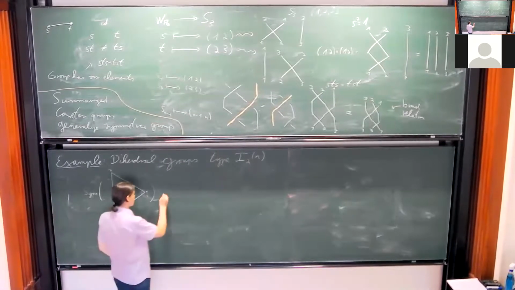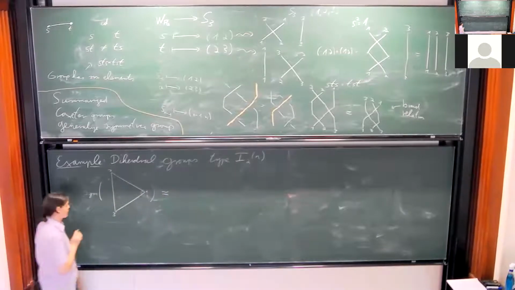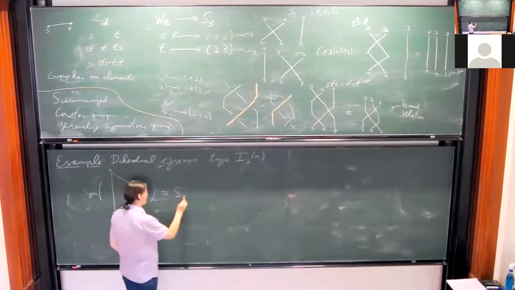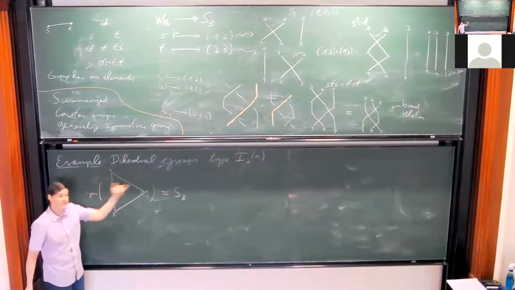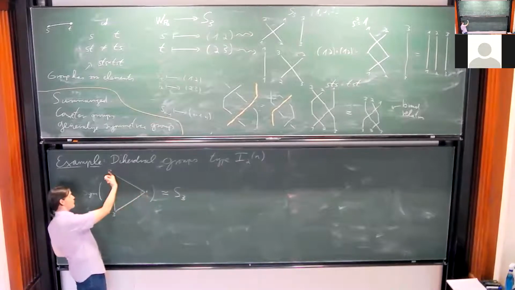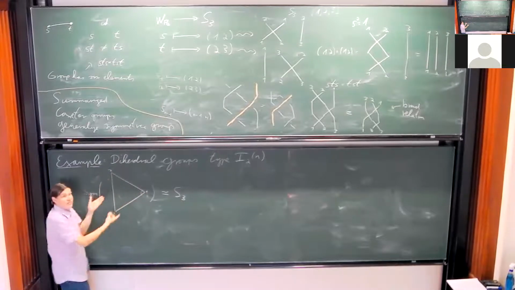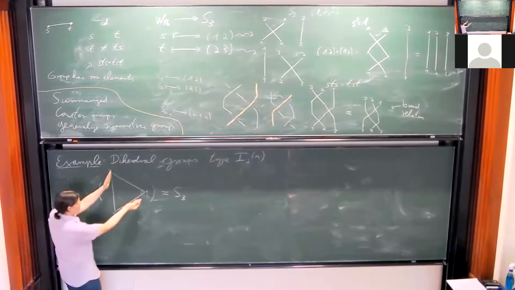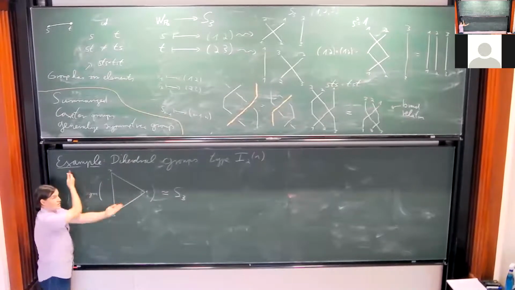And it's pretty easy to see that this actually is the symmetric group in 3 letters. Well, what can you do to a triangle without changing it? You can exactly permute the vertices. If I would permute this vertex and this vertex, and you don't see those labels, then the picture is exactly the same, right? Just mirroring along those axes. It's just exactly the same.